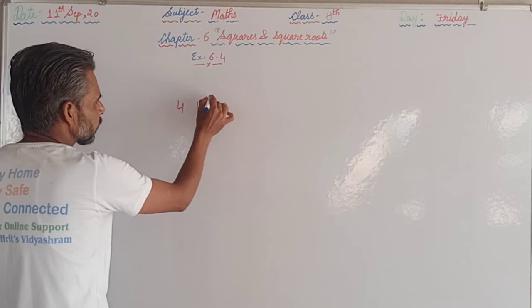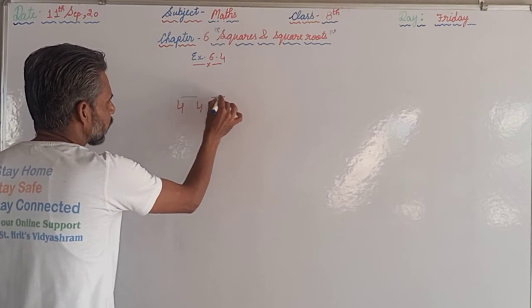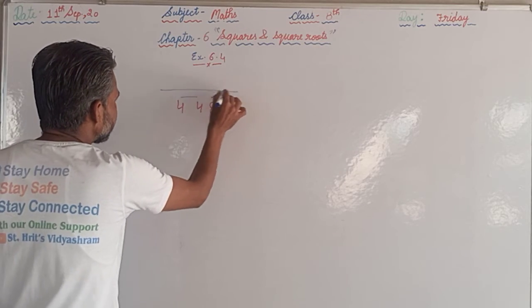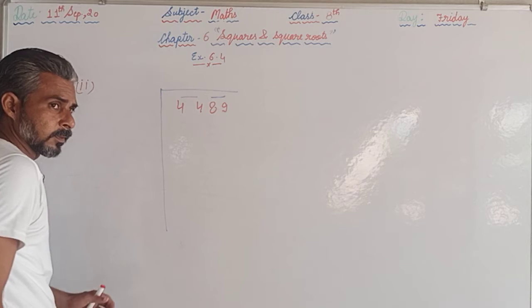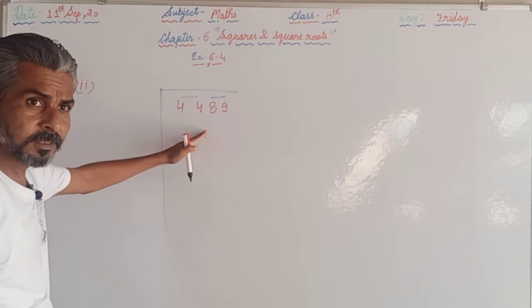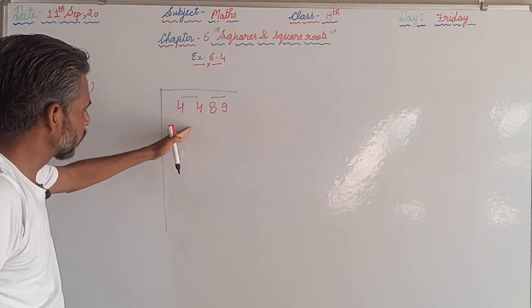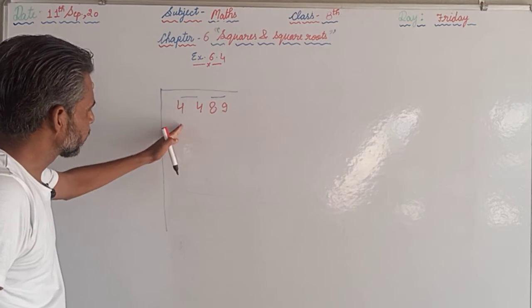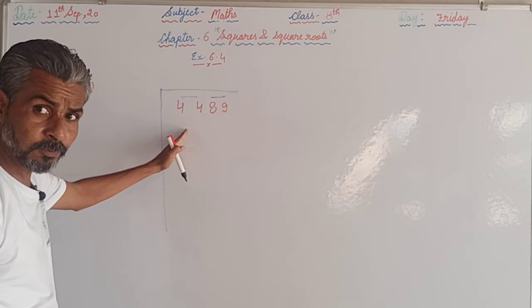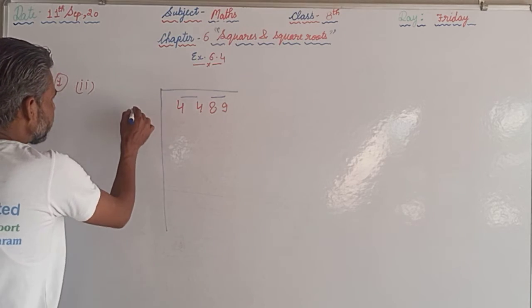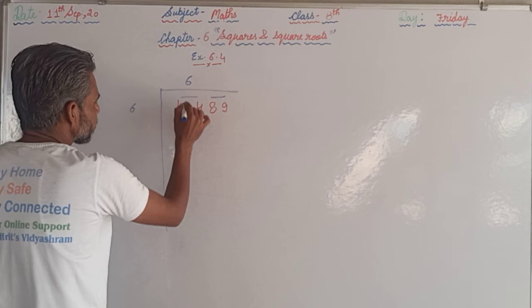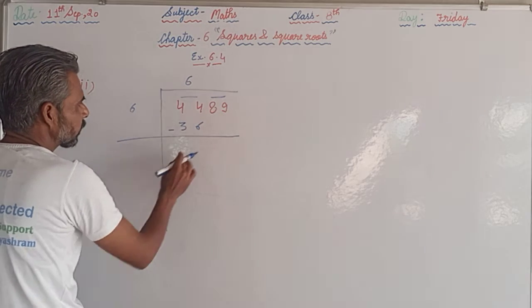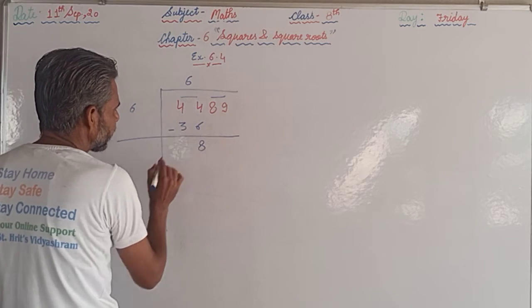The first thing is we pair the digits, starting from the right hand side, and afterwards we start the long division method. 5 5s are 25, then 6 6s are 36, 7 7s are 49. 49 is more than 44, so we select 6. 6 6s are 36. Afterwards we subtract: 14 minus 6, that is 8, and 3 minus 3, that is 0.